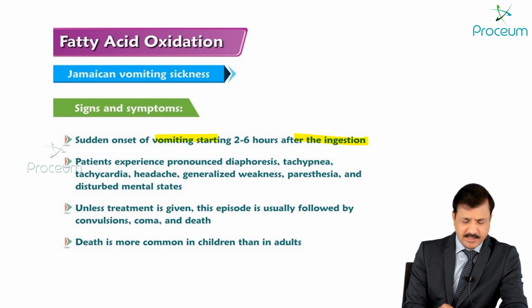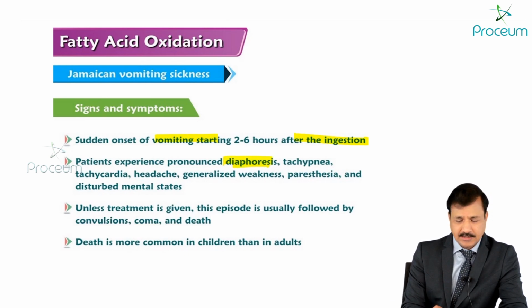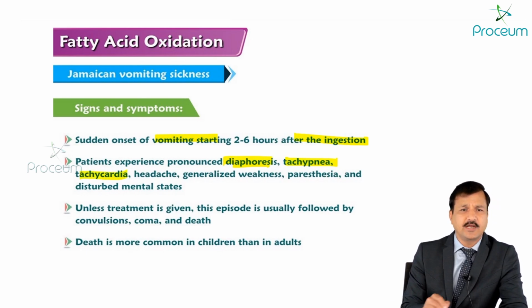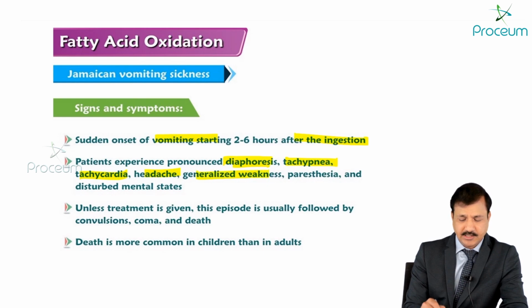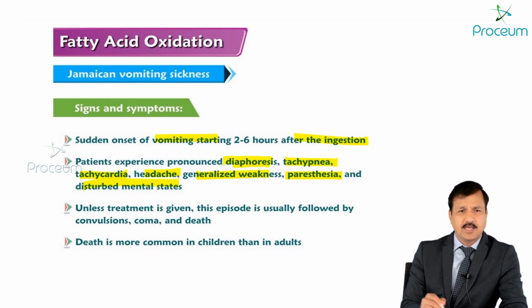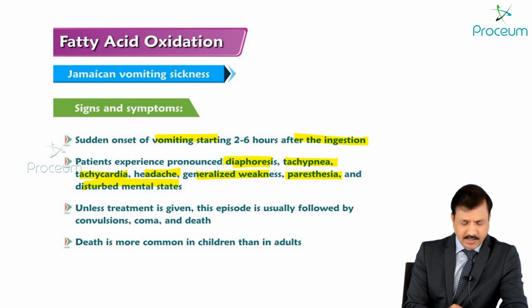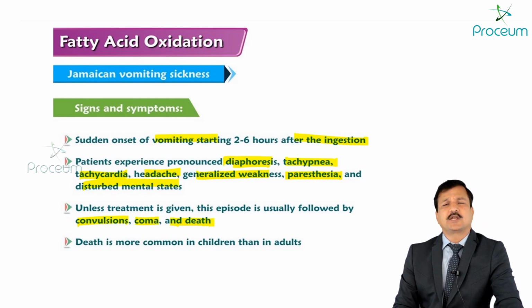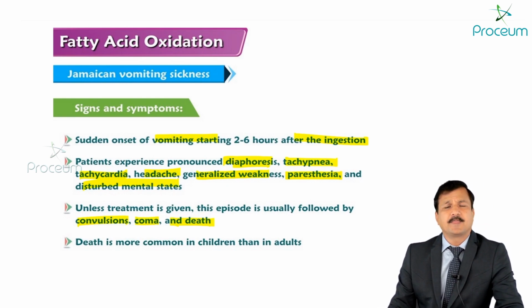The patient experiences pronounced diaphoresis, that is sweating, tachypnea, increase in the respiratory rate, tachycardia, increase in the heart rate, headache, generalized weakness, paresthesia, that is altered sensation, and disturbed mental status. Unless treatment is given, these episodes are followed by convulsions, coma, and it can lead to death.